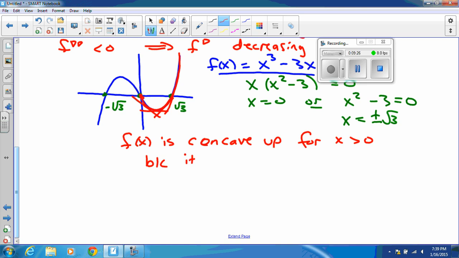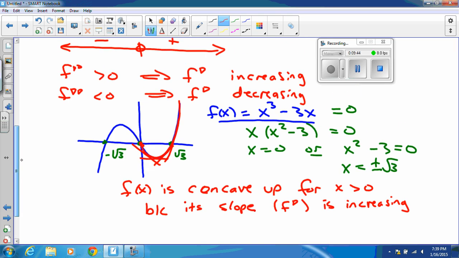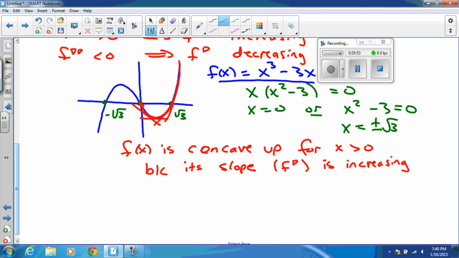And the reason for that is that its slope is increasing. Its slope, which is f prime, but we already know that if f prime is increasing, then f double prime is positive.